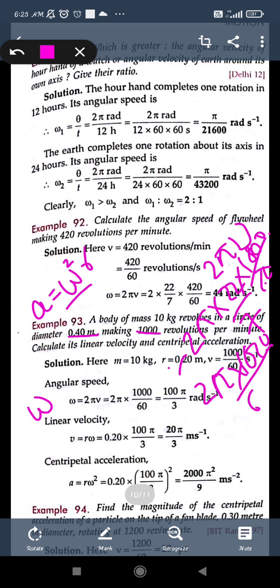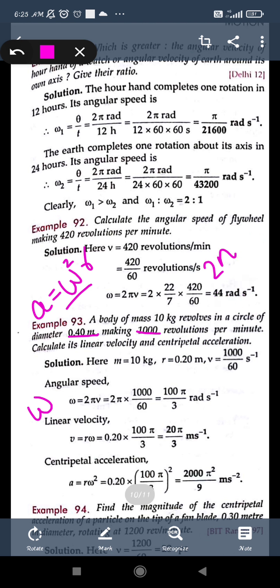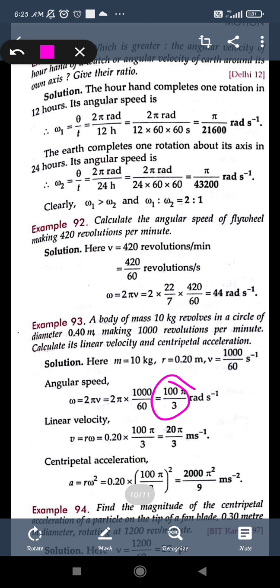If it is cancelled, the value of omega equals 2 pi nu is 100 pi upon 3 radian per second.